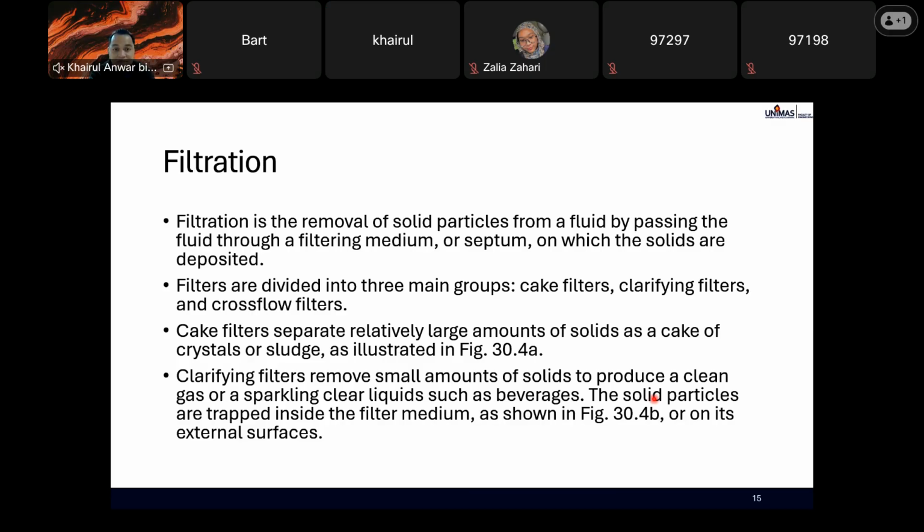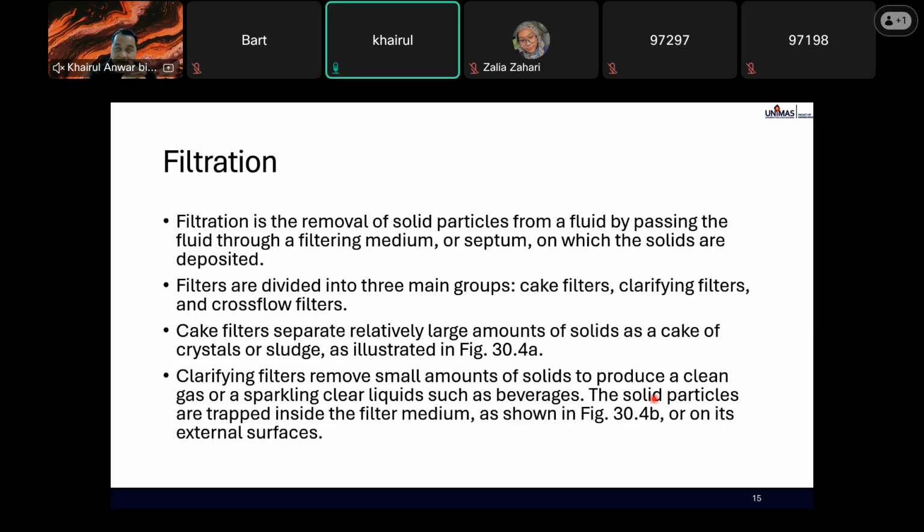So what happens during the filtration? The medium is liquid, but inside the liquid there are solid particles, normally organic material. When the liquid is in contact with the filter, the liquid can pass through.